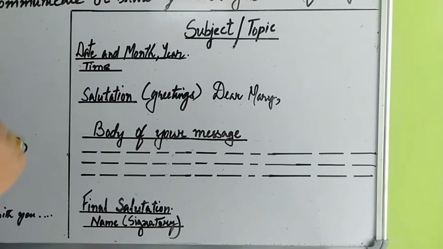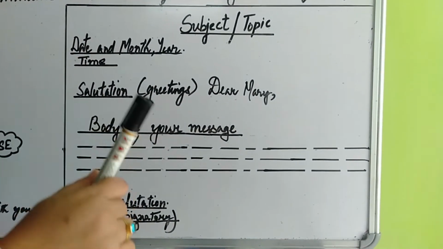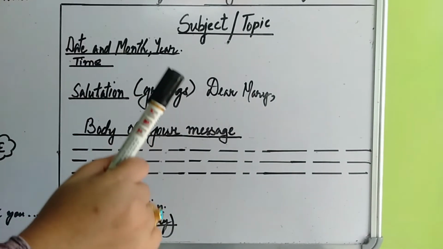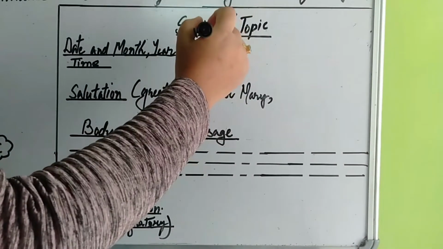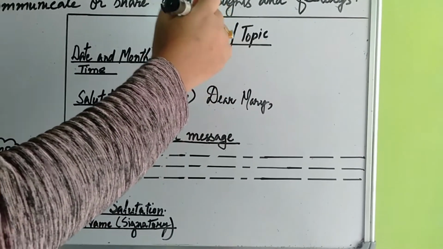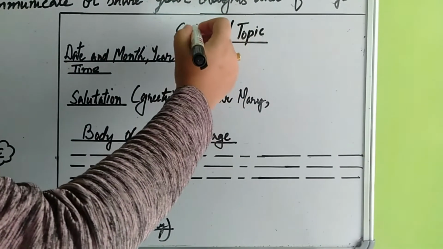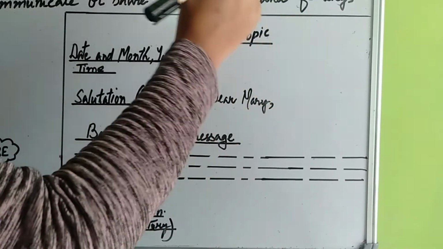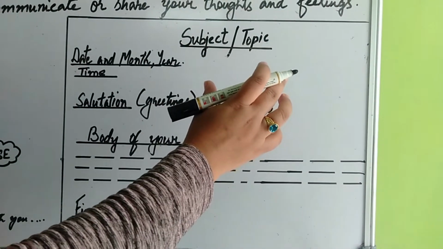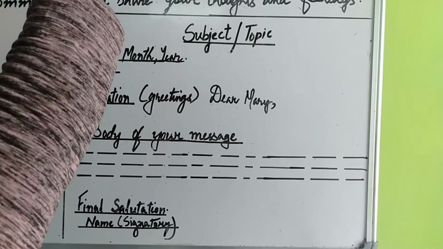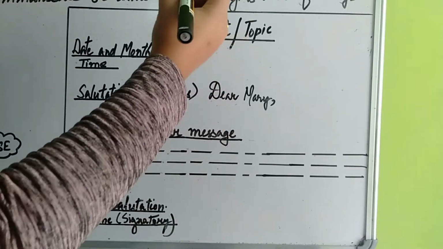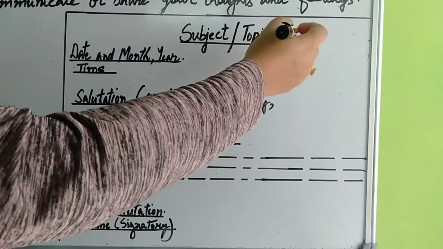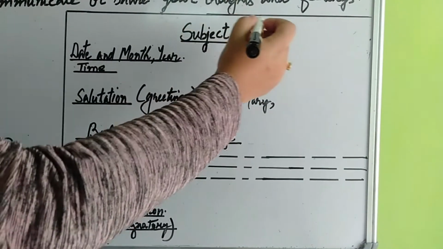First and foremost, write the particular topic or the subject. For example, if it is a thank you message, you can simply write, thank you for your help, just in short. And if it is a message to say sorry, you can simply say, I'm sorry for being rude. Or just sorry.